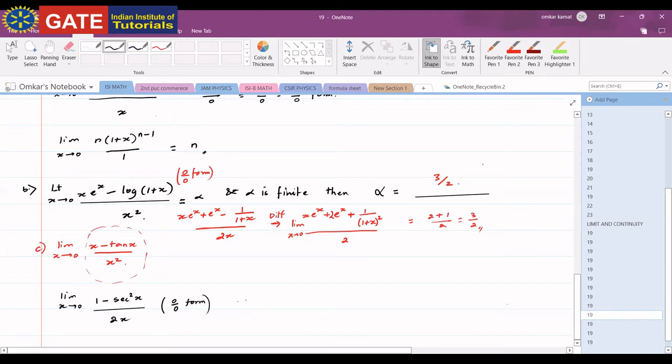So once again, I'll use L'Hopital rule: minus 2 times sec x, and differentiation of sec x is tan x, divided by 2, correct? 2 will get cancelled, and limit as x tends to 0, this will be 0, correct?